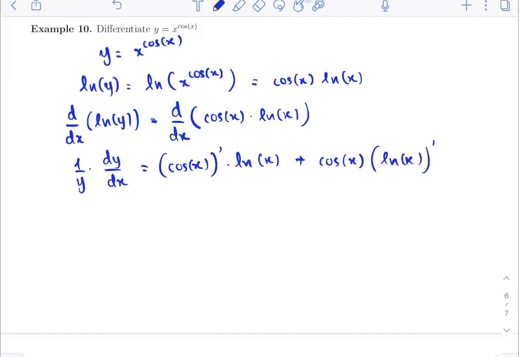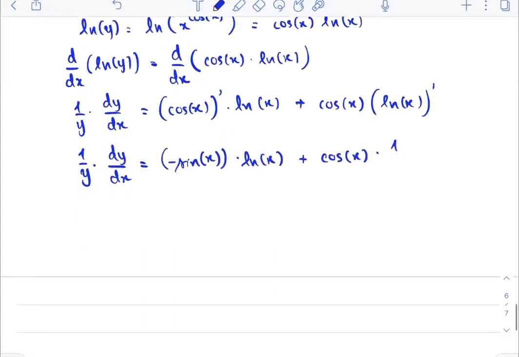On the right-hand side, the derivative of cosine of x is negative sine of x, times ln of x, plus cosine of x times the derivative of ln of x, which is 1 over x.